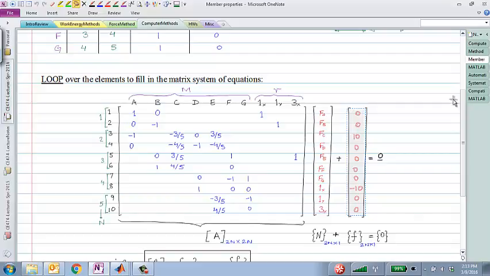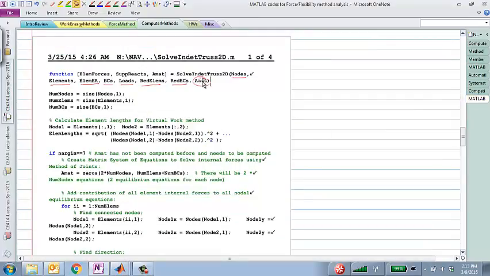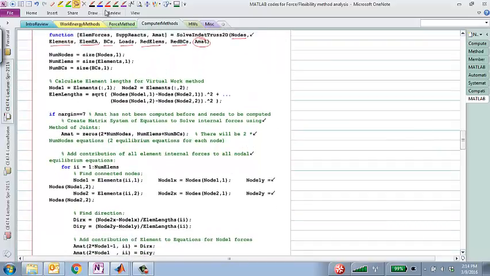So the very first time I call this program, I call it without AMAT, and I use that AMAT as an output. And every time I call it after that point, I'm going to provide AMAT so that this subroutine does not waste time calculating that AMAT matrix. And the way that works is right here. There is this command called nargin.